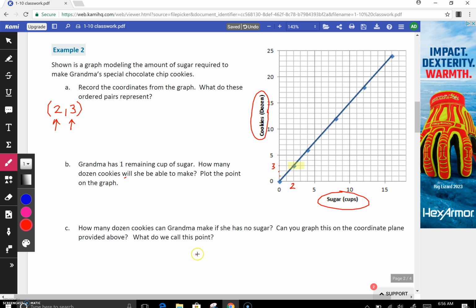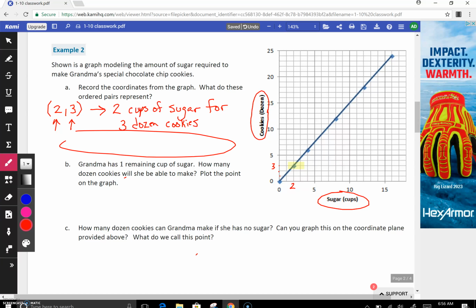So what this really means is 2 cups of sugar for 3 dozen cookies. You need to put the other 4 ordered pairs down here in this space. Make sure that you show me those when you're done.